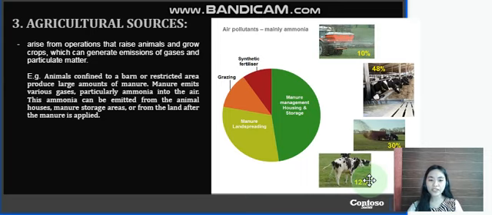This ammonia can be emitted from the animal houses, from manure storage areas, or from the land after the manure is applied. Di ba, ginagawang pang-fertilize. Kasi, paminsan-minsan nagkakaroon ng misapplication ng fertilizers, herbicides, pesticides that can potentially result in air pollution.